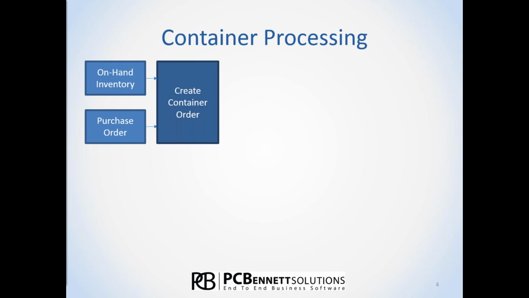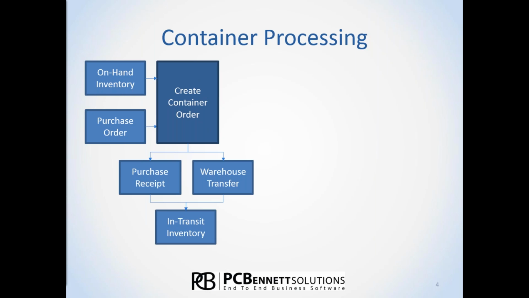And usually the way it starts is we start with either inventory on hand in another country or a purchase order. These are the Acumatica assets, and based on this, we create a container order.